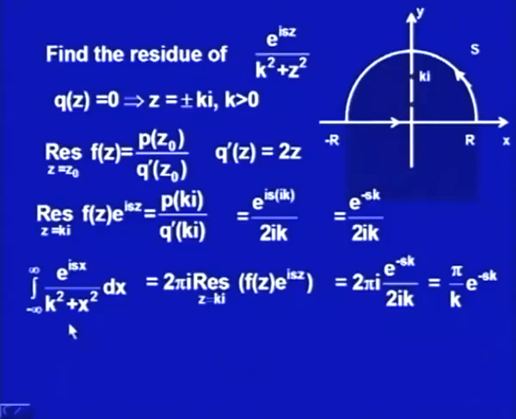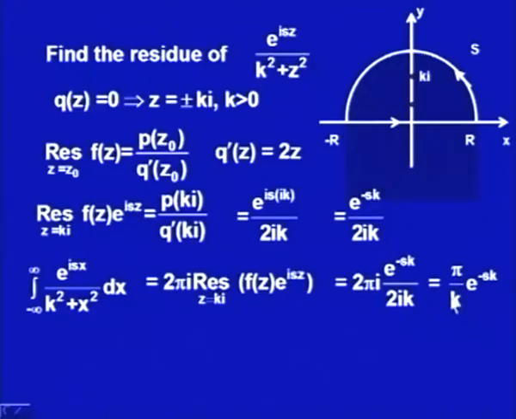So compare the real and imaginary parts of this. Here we are having two parts, one is the real part and another is the imaginary part. The real part would be the integral from minus infinity to plus infinity of cos sx upon k square plus x square, and the imaginary part would be the integral of sin sx upon k square plus x square over the range minus infinity to plus infinity. The evaluation we have got is only a real number.